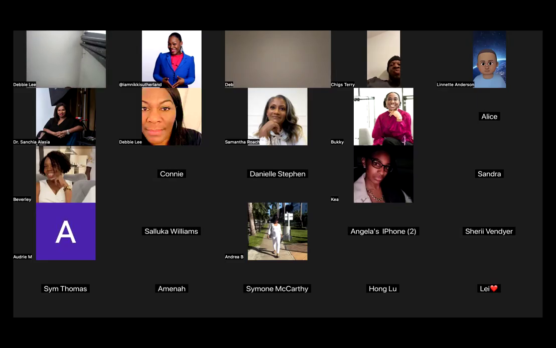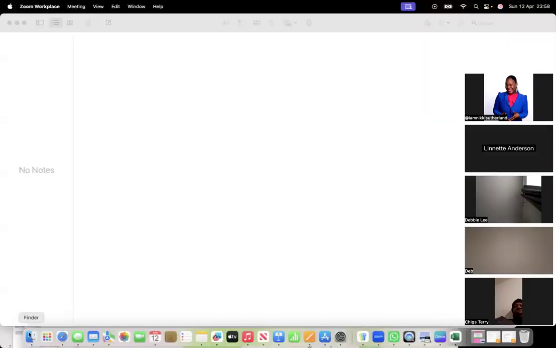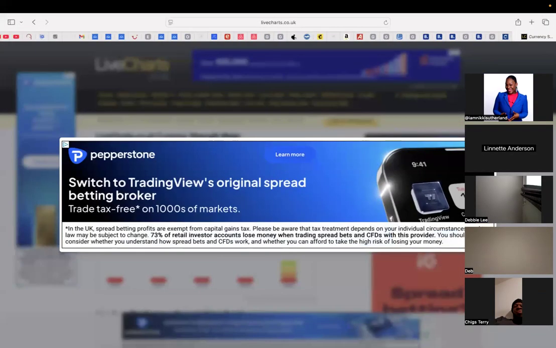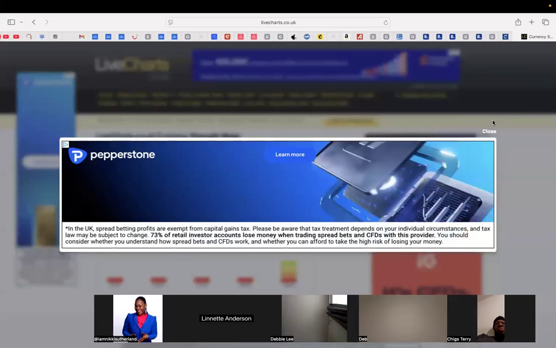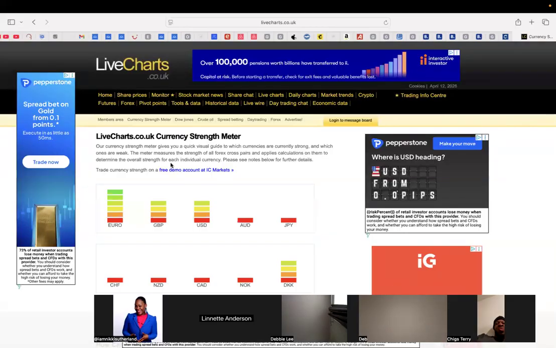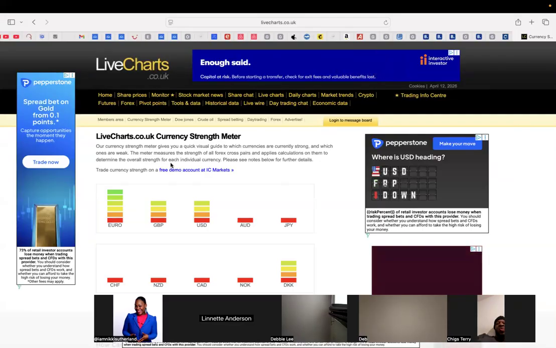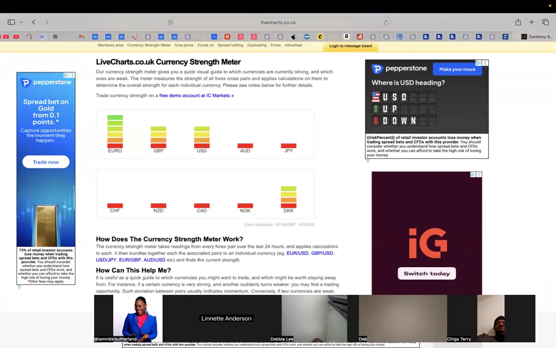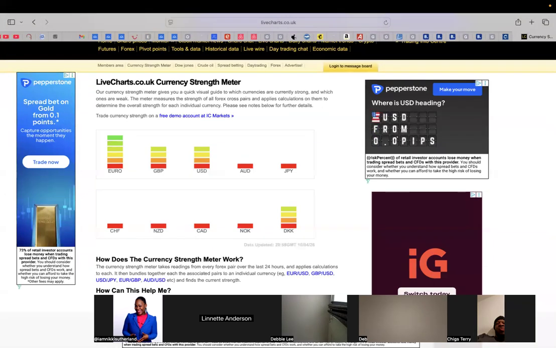You may want to trade different currencies, different types you may want to explore. So this website here, livecharts.co.uk, is a great website that you can check, and it's live and it's active. It's a currency strength meter.